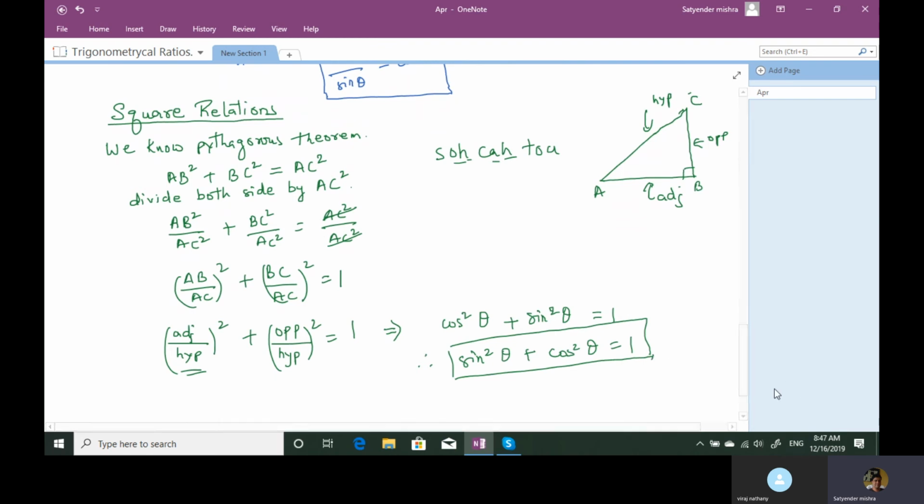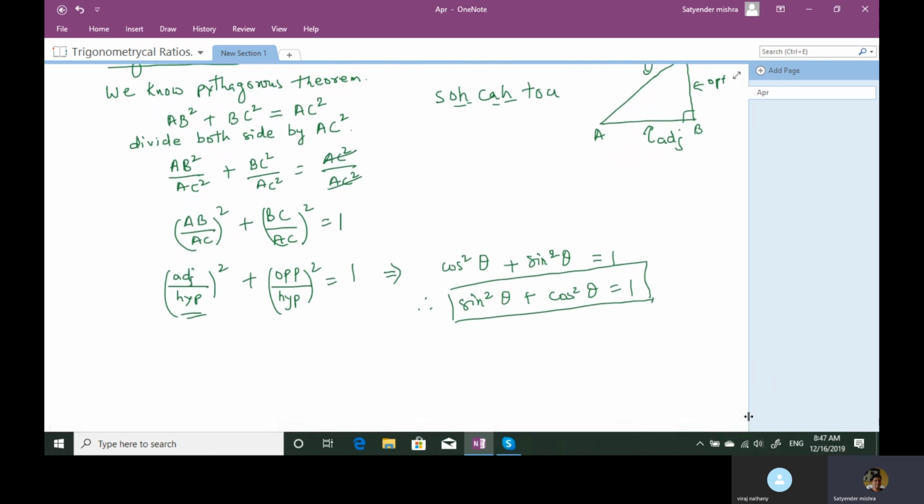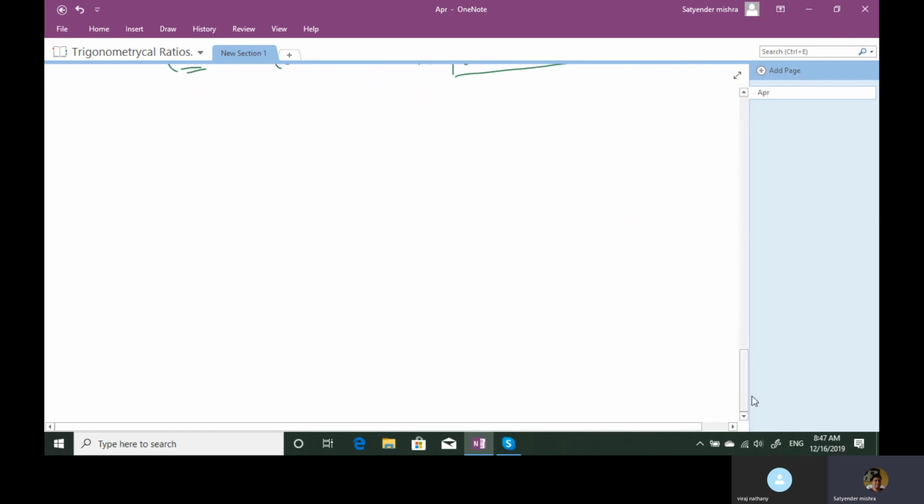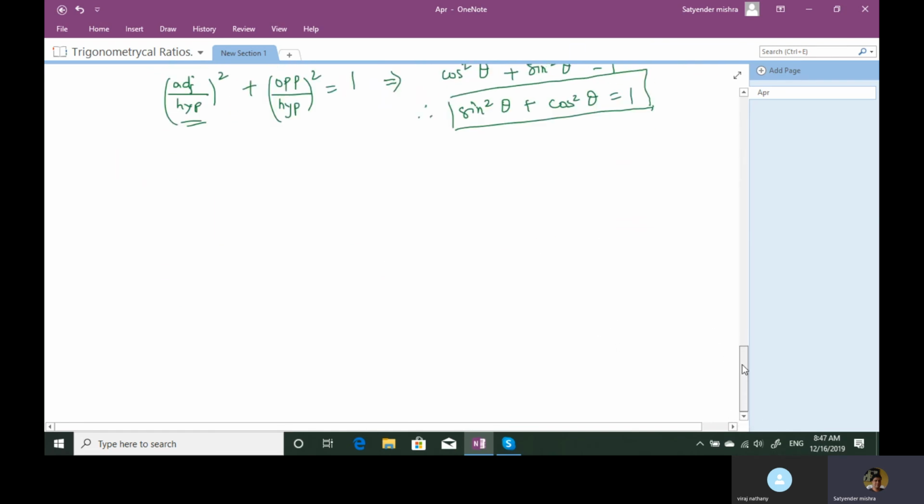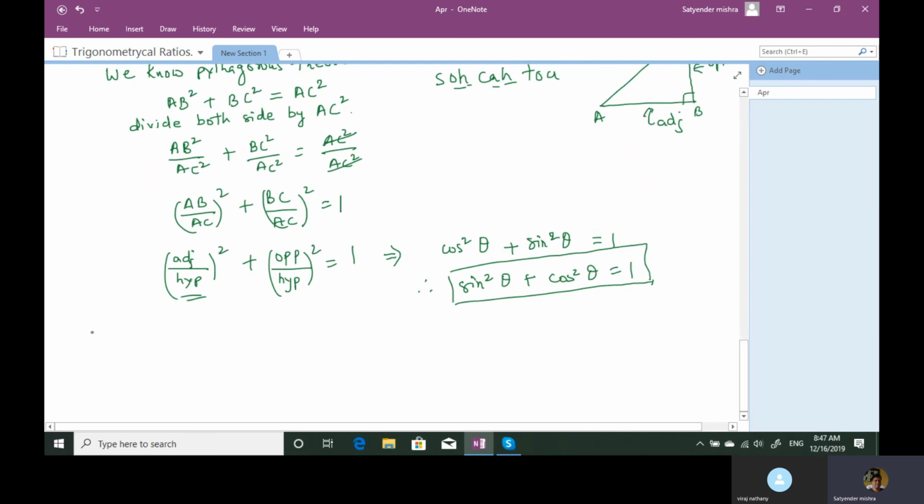Okay. Now we write the formula again. Again AB square plus BC square equal to AC square, we know.